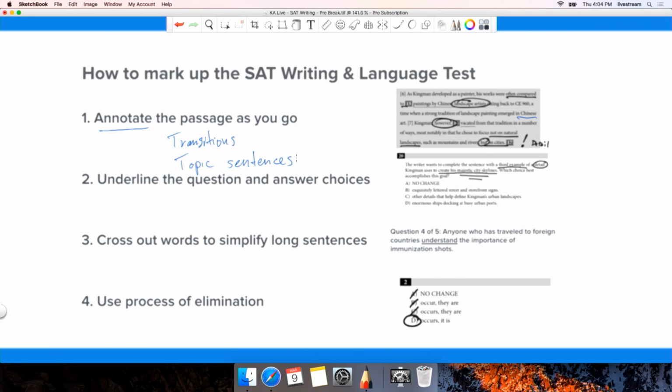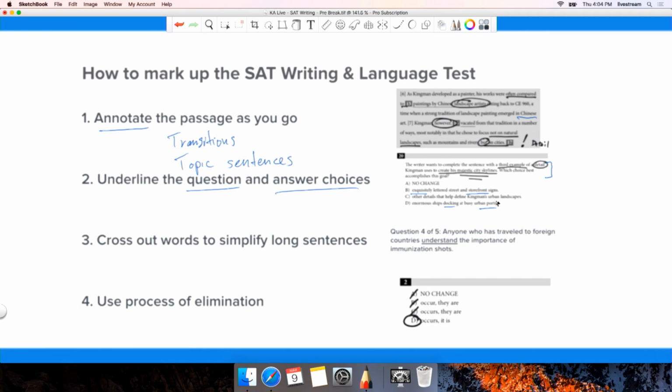The second tip I have is to underline the question and the answer choices. Underlining the question will help you understand, obviously, the question, but then underlining the answer choices will also help you break things up. And if you can't read this, if it's fuzzy on your screen, don't worry. We'll get a chance to practice this in real life in just a bit.